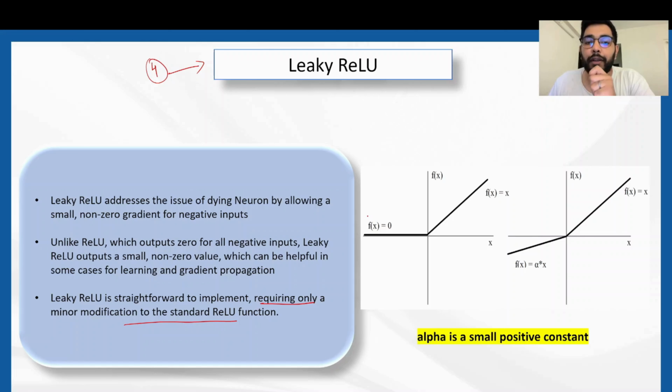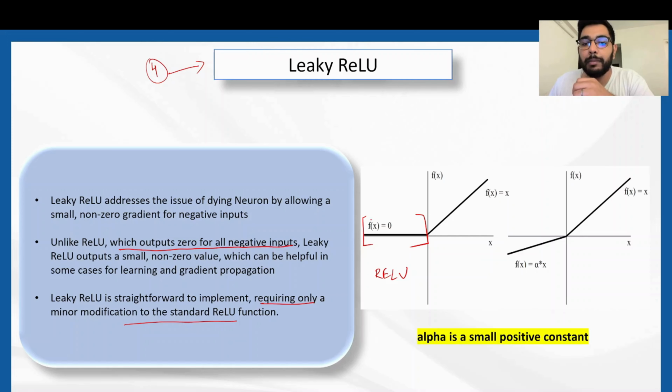The only reason for the dying neuron problem was this particular part in the graph of the ReLU function. That is, ReLU outputs zeros for all negative inputs. If consistently there were negative inputs, the outputs will again be consistently zero, which will make the neurons inactive and hence the learning will stop.